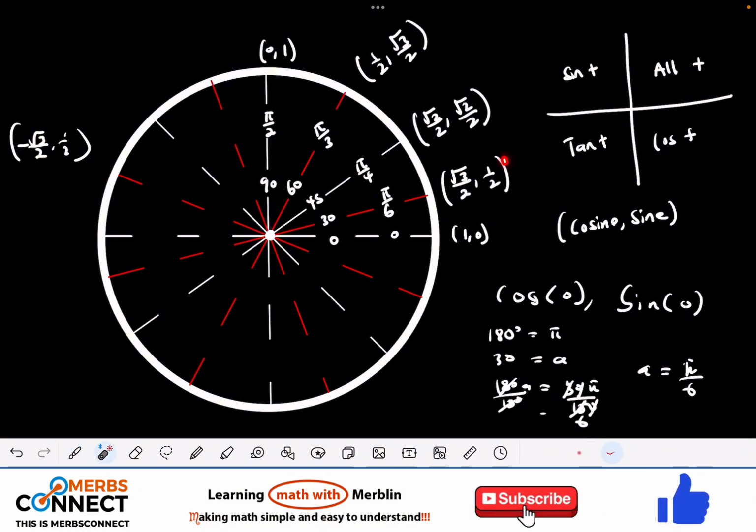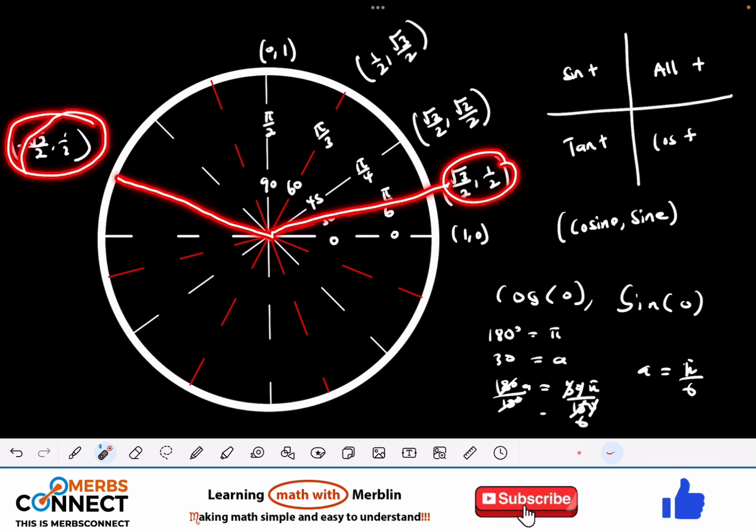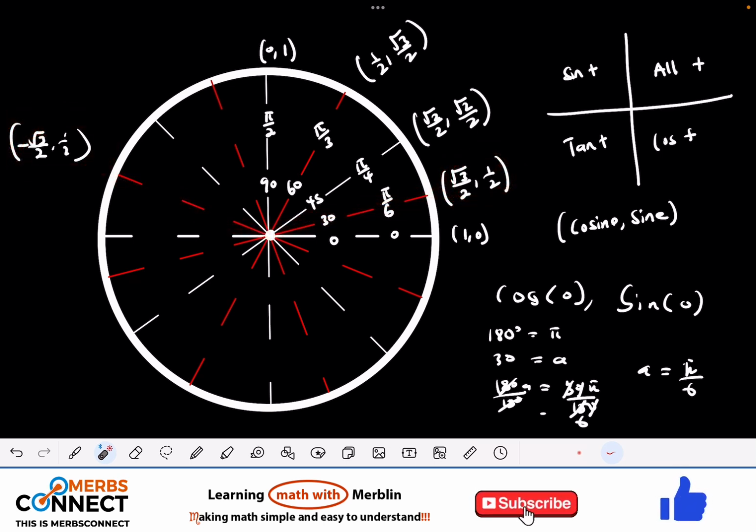So I just pick the same thing here. I just grab this and replace it here. But the only thing happening here is that cos is negative. So I'm just negating the cos component. That's all. Now, how can I find this value here? Remember, this is 180, right? So when I move 30, what will be left?